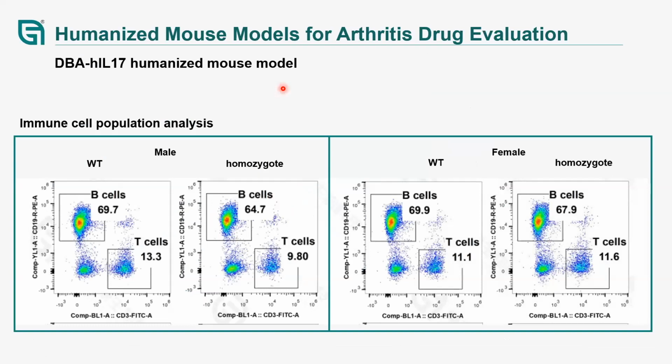The DBA human IL-17A mice and parental wild-type DBA mice are found to have very similar populations of B and T cells seen in both male and female mice.